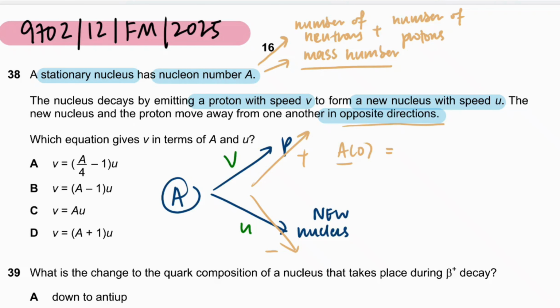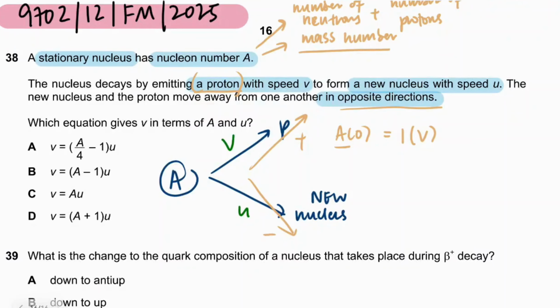It will be 1, because mass number is your nucleon number, the number of neutrons plus number of protons. They said a proton, so the number of protons is 1, and of course your mass number will also be 1. You have no neutrons, just one proton. Your speed is v.